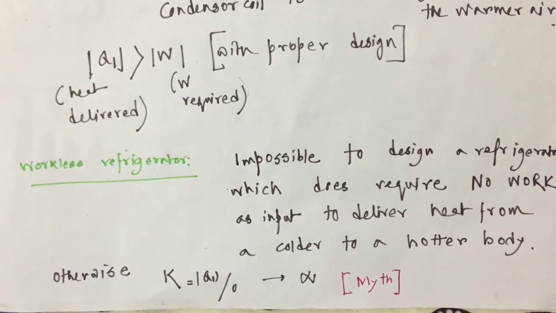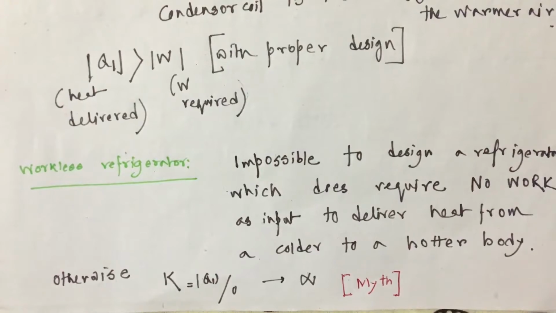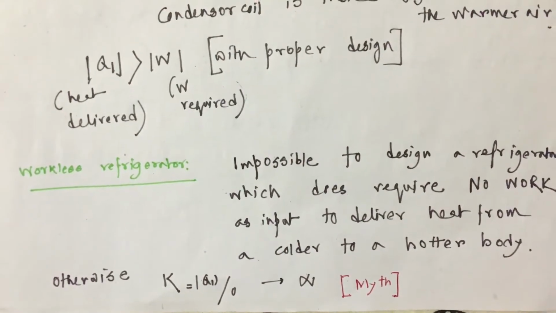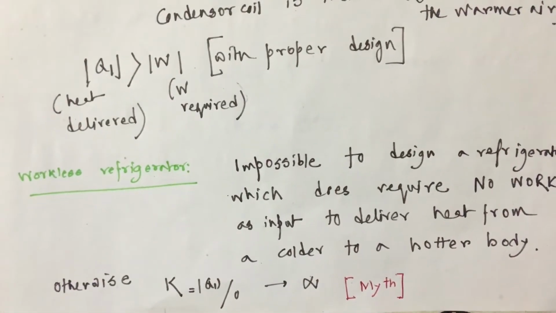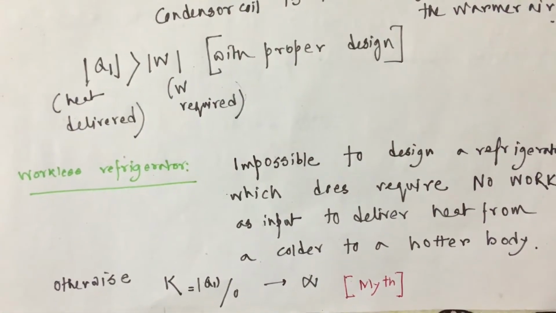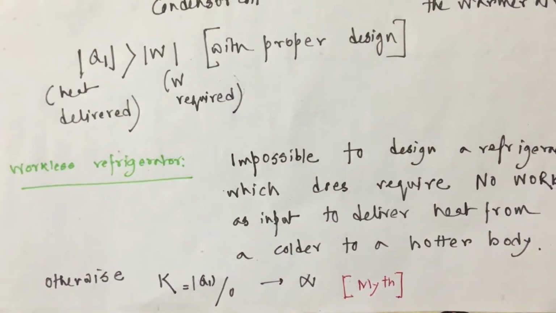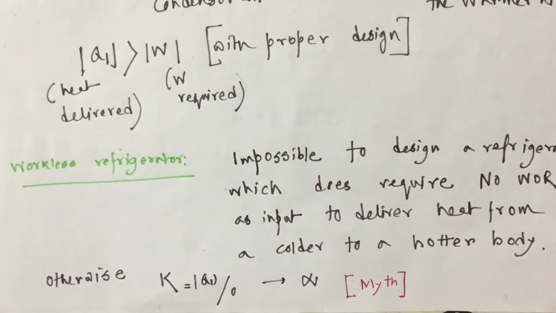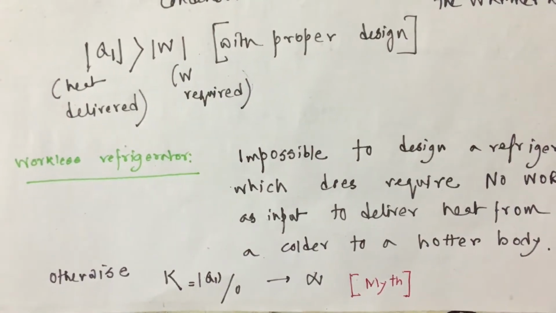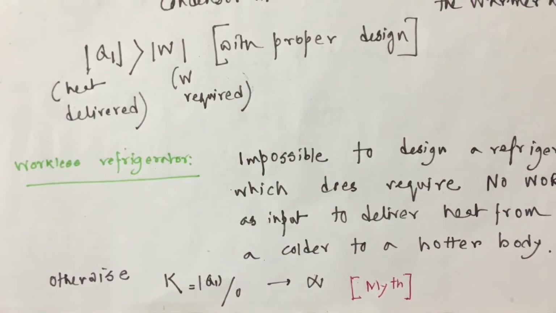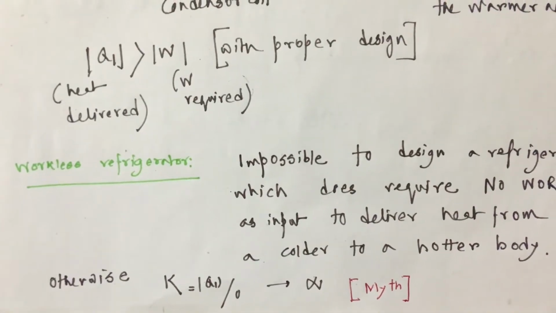So the coefficient of performance becomes K equal to Q2 divided by 0. Work input is 0 here. I'm sorry, this is not Q1, this would be Q2. So it's Q2 divided by 0, which turns the coefficient of performance to infinity. And this is like a myth, like a free lunch.